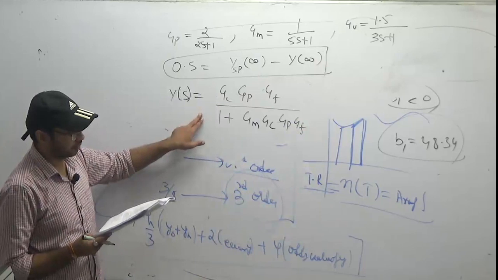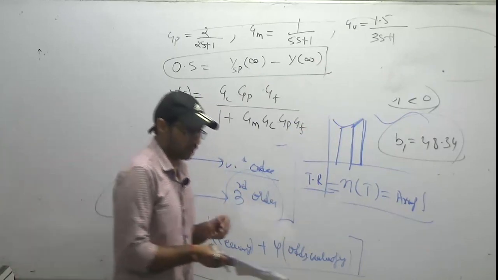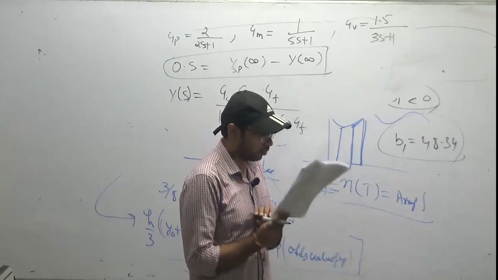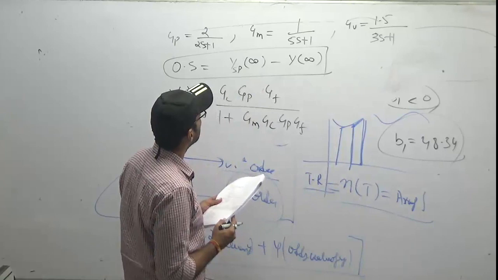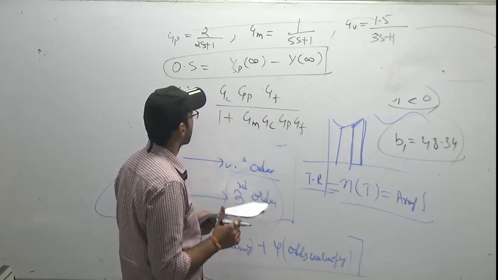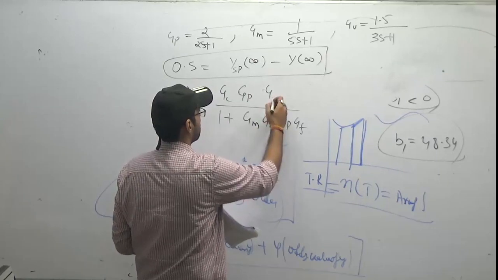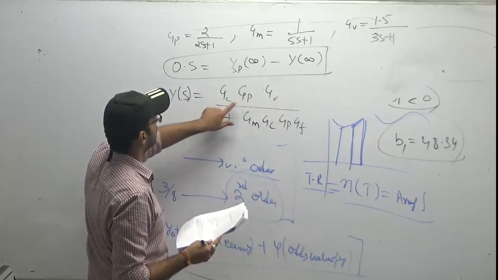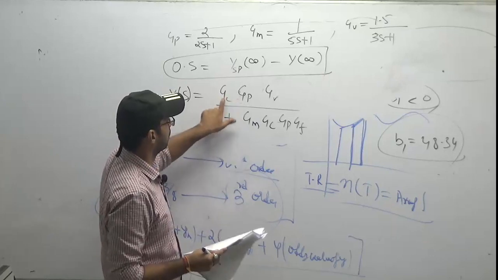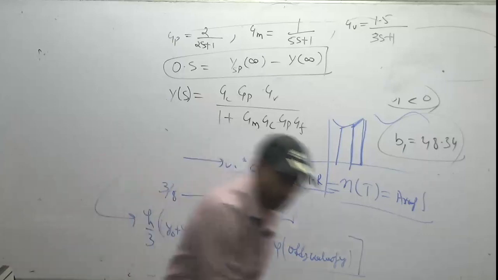This is what we are getting. Now we know the transfer function of the valve, the final control element. They have given you the process transfer function and the transfer function of the controller. Apply them in this one and you will get the answer.